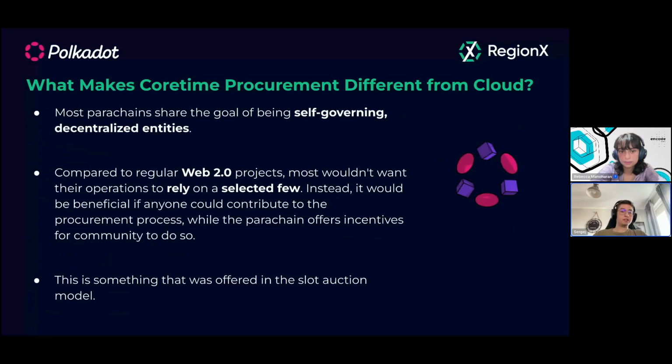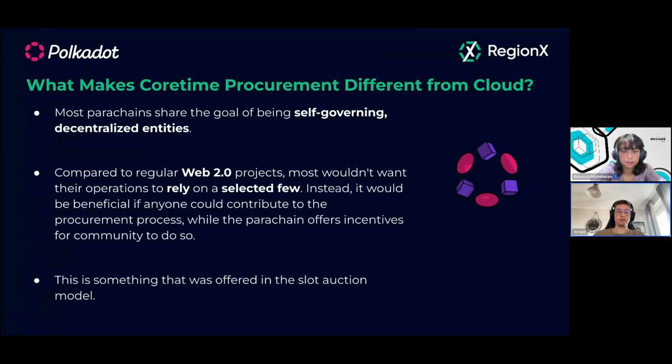The main reason is that most of these projects deployed on Polkadot share the goal of being self-governing, decentralized entities. So compared to regular projects on Web 2.0, they should not rely on a select few to keep their operation going.